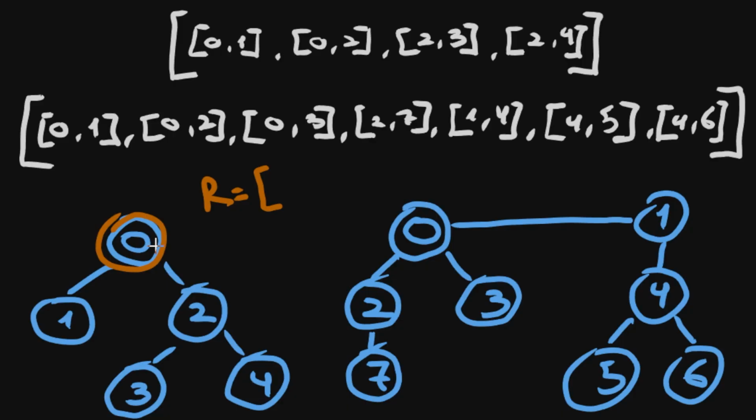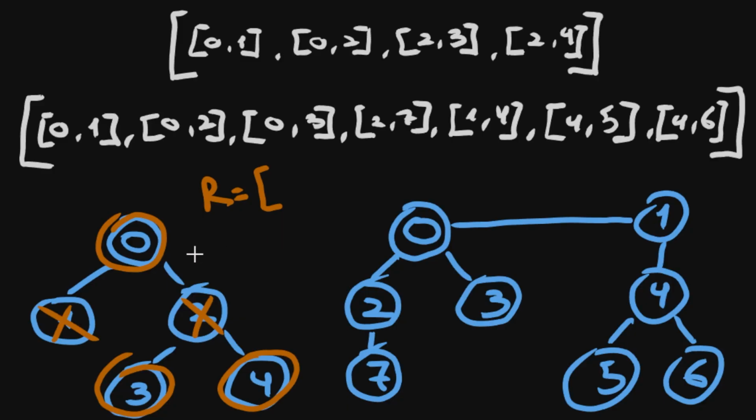From here we want to know how many nodes we can add, and if we are here we can't add this, we can't add this, but we can add this one because here we have 1, 2 edges, and 2 is an even number, so we add this node. And we also add this node because from here to here we also have 2 edges. So up to this point we have 3 nodes that we can add here.